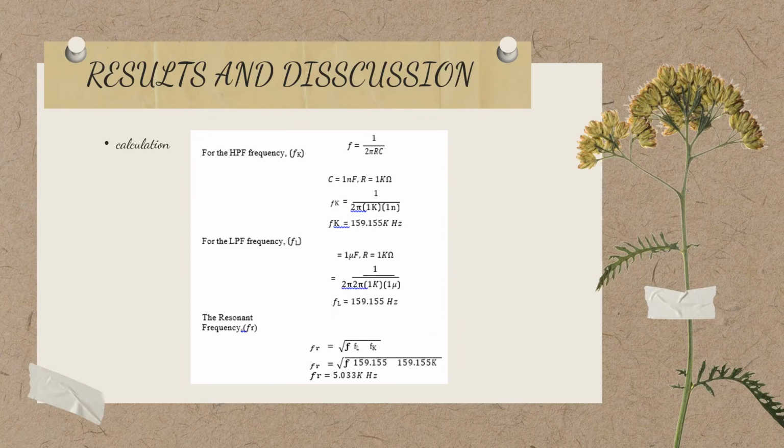Using the values given, we got for the high pass filter frequency 159.155 kHz, and for the low pass filter frequency we got 159.155 Hz. And for the resonant frequency, using this formula, we got 5.033 kHz.